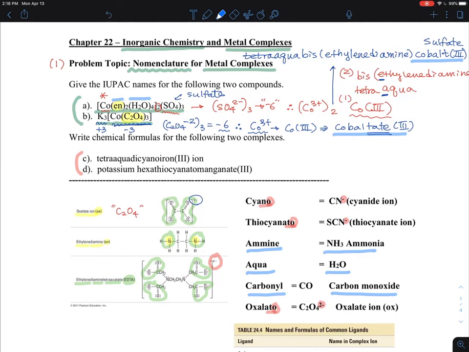And so therefore, let's try to finish this one up. The answer for B is we're going to say potassium, and then what do you have? Do you have a trioxalato cobaltate.